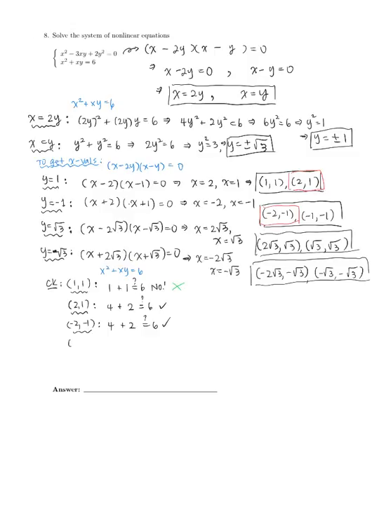All right, so let's go with negative 1 comma negative 1. So can you see that this is not going to be a solution already? So this is the same thing as what? 1 plus 1. Is it going to equal 6? No. Okay, we can do this. So let me just go on the right hand side of it. So what's my next ordered pair that I need to check? Okay, 2 root 3 comma root 3.